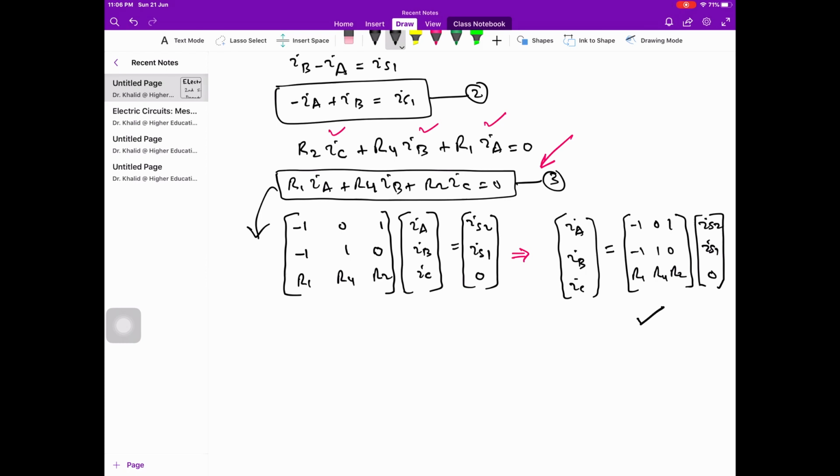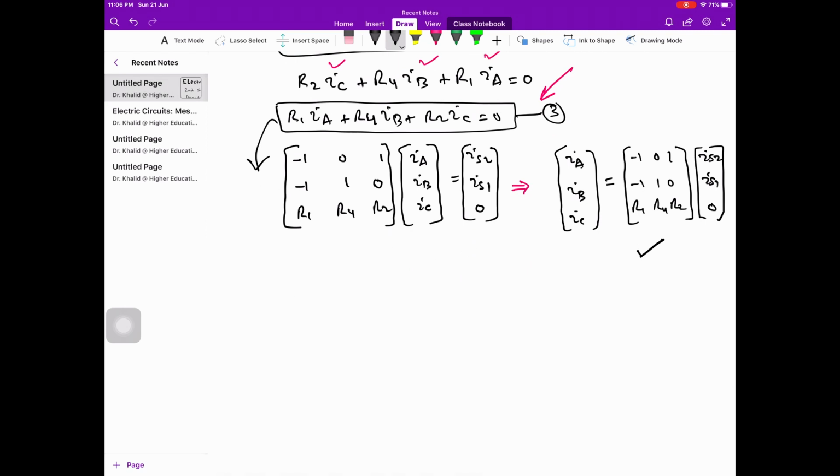Now please verify by yourself that, using the inverse of this matrix, IA is minus R4 divided by R1 plus R2 plus R4 times IS1, and R2 divided by R1 plus R2 plus R4 times IS2.